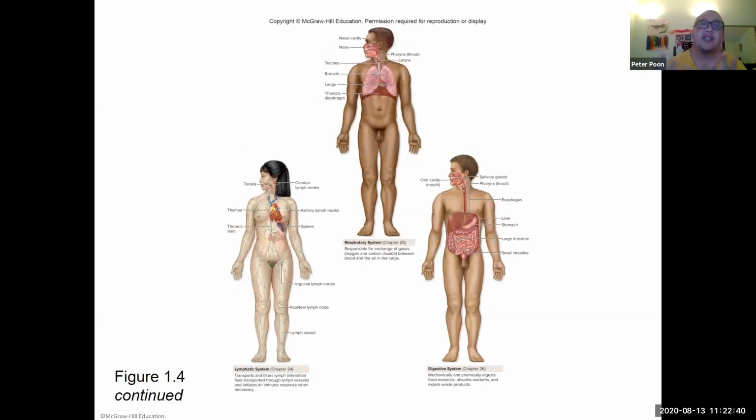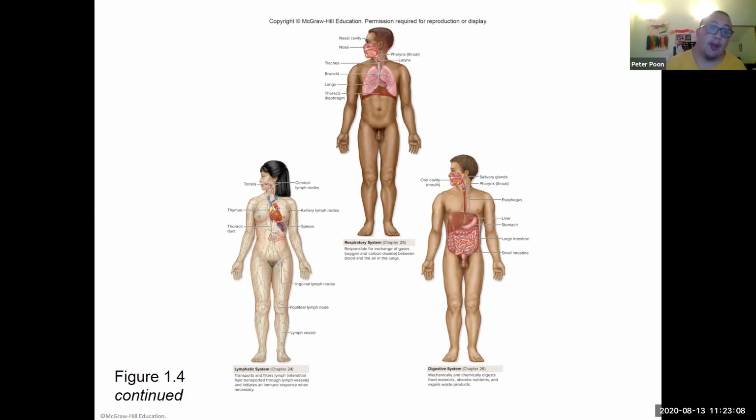Your lymphatic system helps control infections and fights off bacteria and other things that are killing you. The lymphatic system is a physical structure. The immune system is the cells that do the work, and they work together. We'll talk much more about that in this chapter, which is 24.